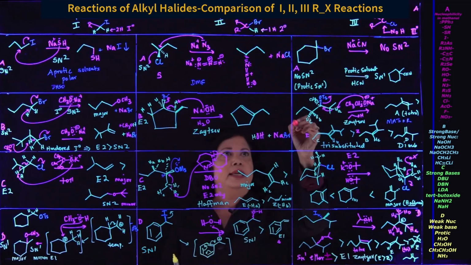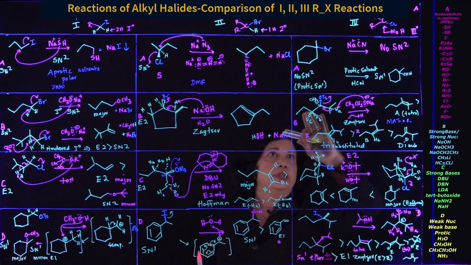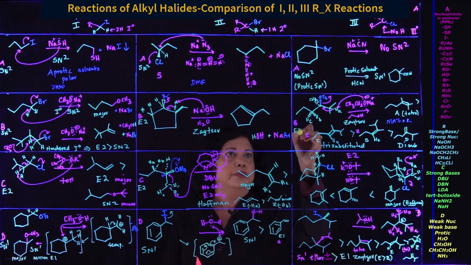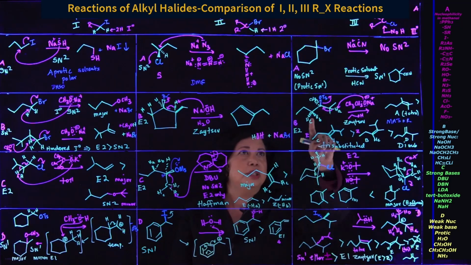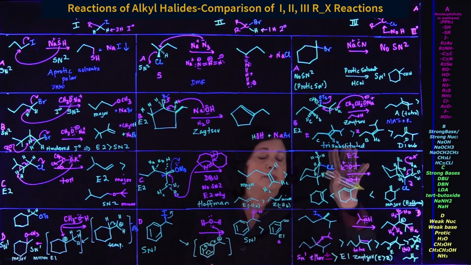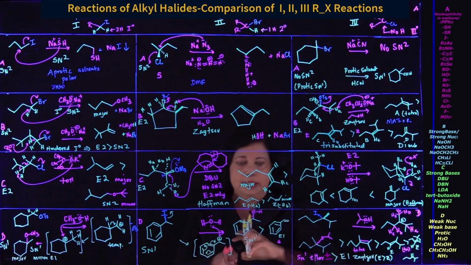If you take B, then over here, you're going to get mostly your Zaitsev, E2. The amount of SN2 here would be negligible. For tertiary, it's all E2. And if you have strong base, you don't even have to talk about SN2. There is no minor SN2.